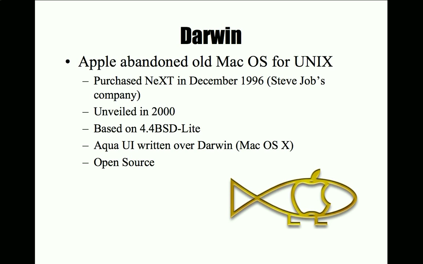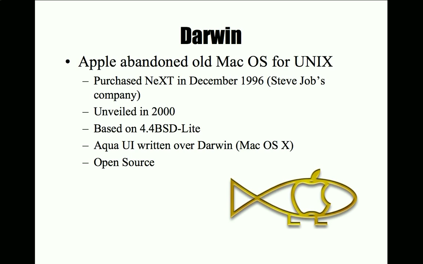And they took that platform and they developed their Mac OS 10 over the operating system called Darwin, which is a variation of BSD Lite, and they called the GUI that they developed Aqua. That's why you can see here the fish. Aqua is water, so the fish and the apple, and it's all based on open source. So Darwin is underneath the layers that you see on the Mac operating system.